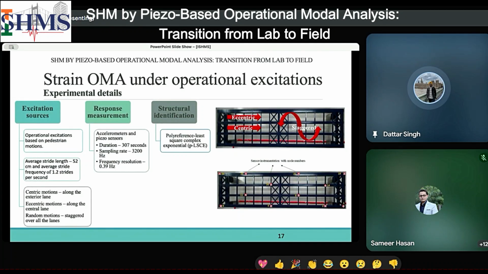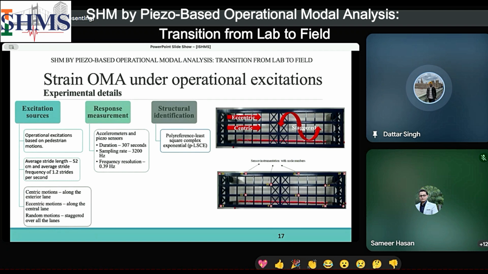Now we have tested the efficacy of these piezoelectric sensors under artificial excitations which we can measure, and some that we chose not to measure, like shear curve excitations. But when we talk about real life structures, it is very impractical and not feasible to use impact hammers or dynamic shakers to provide excitation to such large structures such as buildings or bridges.